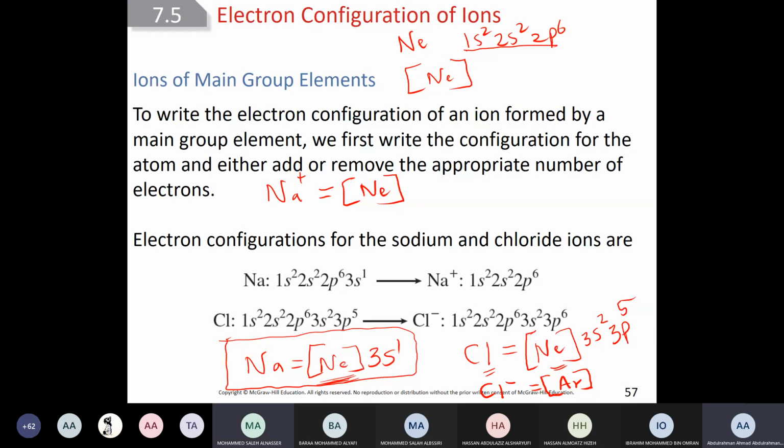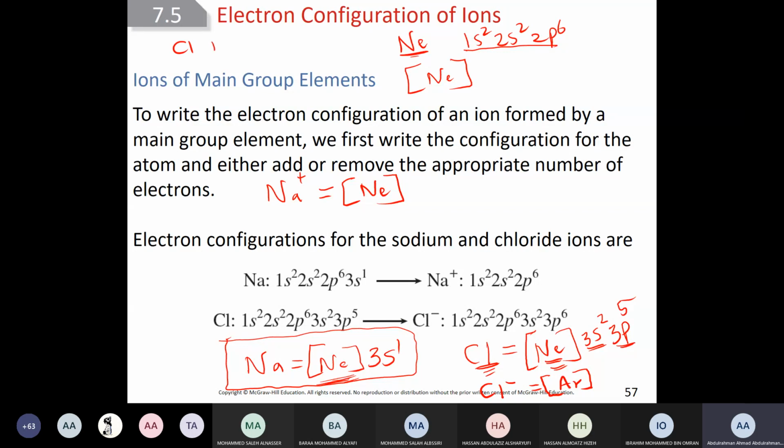Is this clear? I didn't understand, Doctor. Always go to the noble gas that comes before it. So for chlorine, neon comes before it, and then you write neon and then 3s2, 3p5. You have to memorize neon.